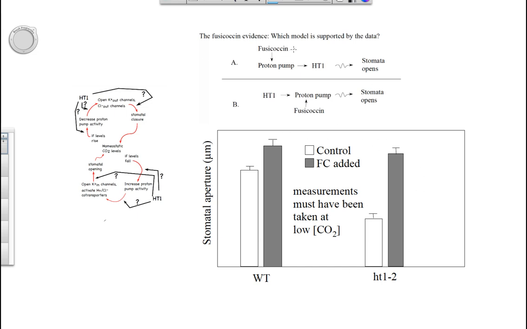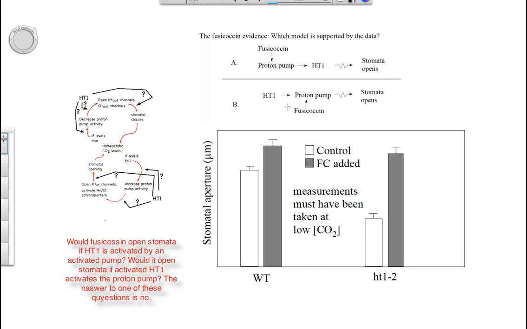It's either possible that the proton pump is activating HT1, which is then opening stomata, right? When HT1 is active, stomata open. It's also possible that HT1 is activating the proton pump, which opens stomata. Either one of these is possible from the data shown before this set. This set helps you distinguish which of these two is possible. In other words, you can eliminate one of these models using this data.